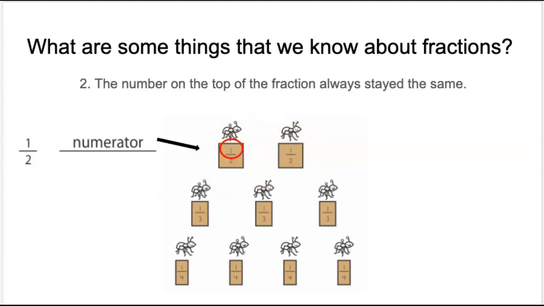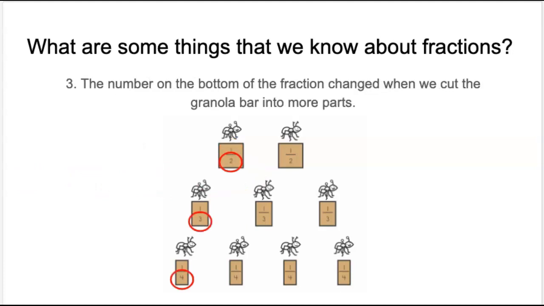A third thing that you noticed is that the number on the bottom of the fraction changed when we cut the granola bar into more parts. This number is called the denominator. The denominator tells you how many parts your whole has been separated into.